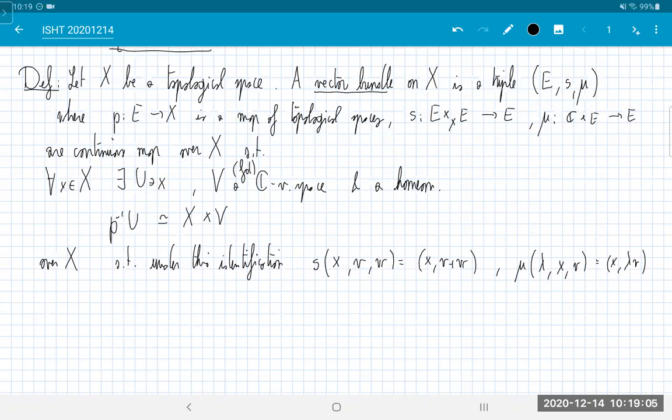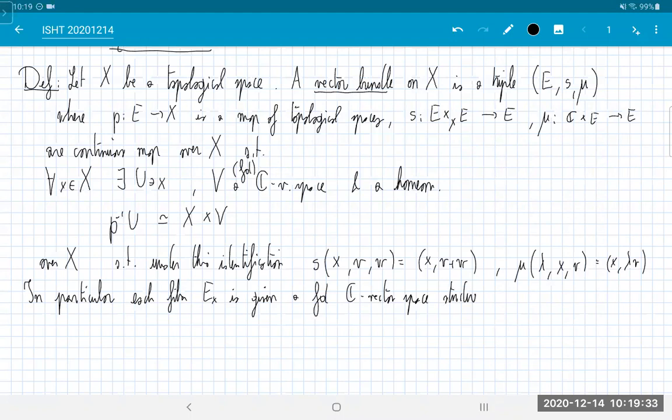And I see V as a topological space with the standard topology that complex vector spaces have. So in particular, each fiber E_x is given a finite dimensional C vector space structure by S and mu.